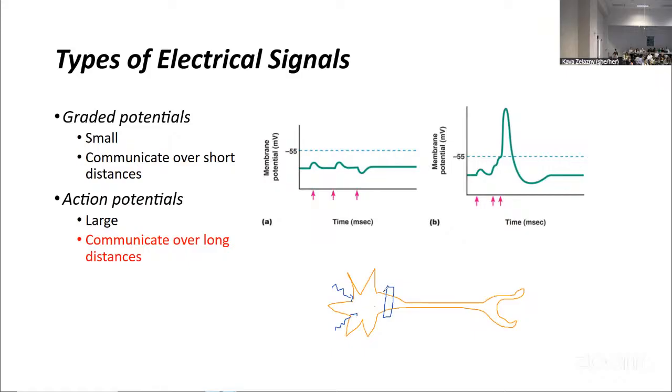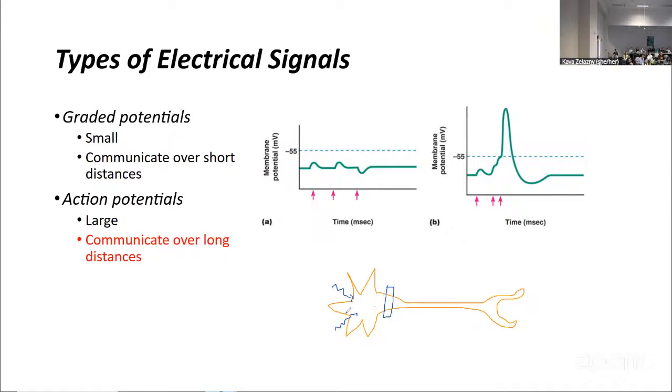They're either going to make that change at that spot or not. And if we see that change to -55, then we're going to shoot off an action potential down the axon. If we don't get up to -55, the graded potential is going to fade away. So that's the big picture purpose of talking about graded potentials: these have to happen first.